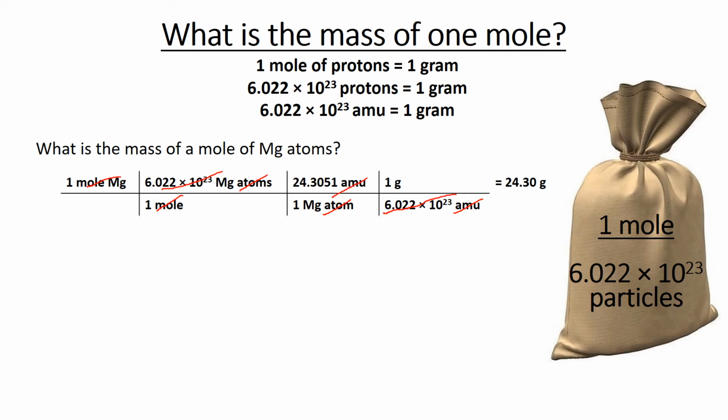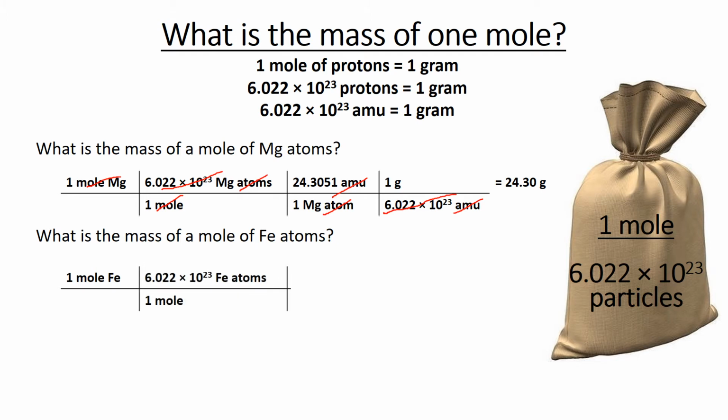Let's see another example. What is the mass of a mole of iron atoms? Well, if we have 1 mole of iron, that's equal to 6.022 times 10 to the 23rd iron atoms.